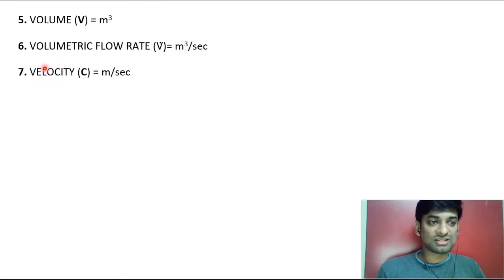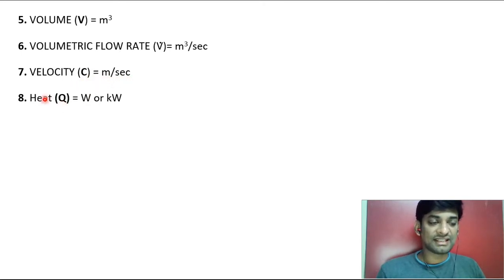The unit of velocity, it is always represented with C because volume is represented with V. So in order to differentiate volume and velocity, we are representing velocity as C. The unit of velocity is meter per second.